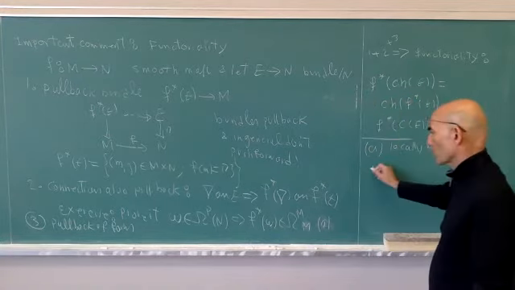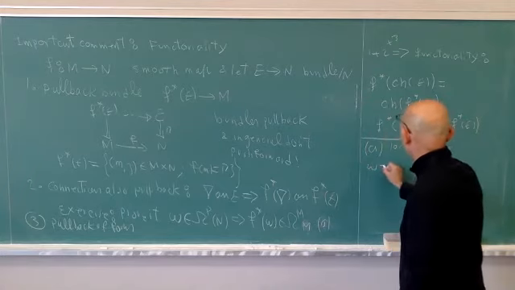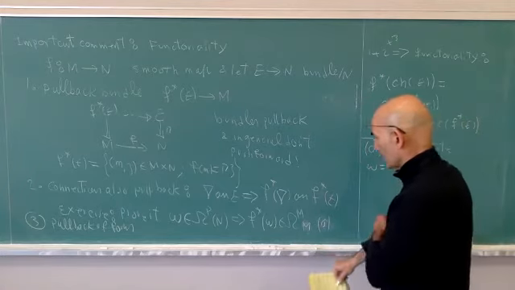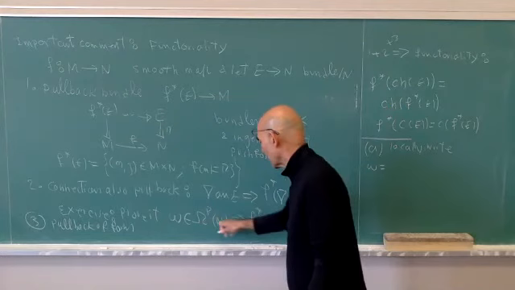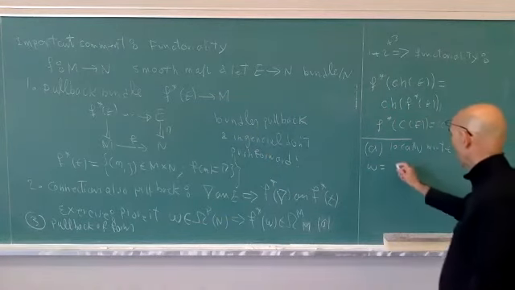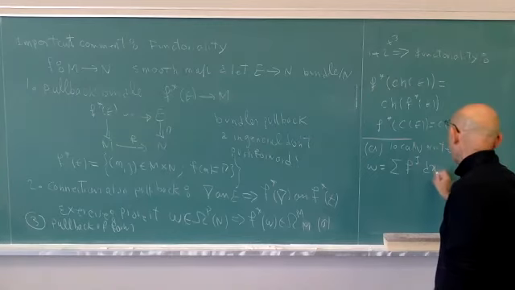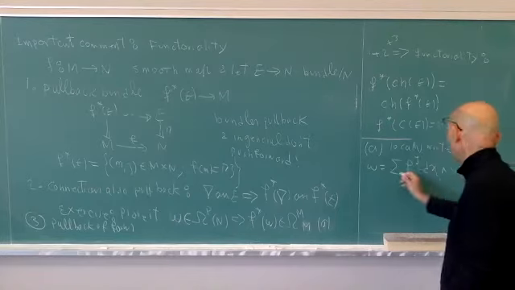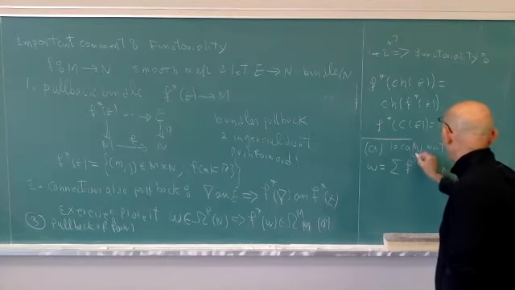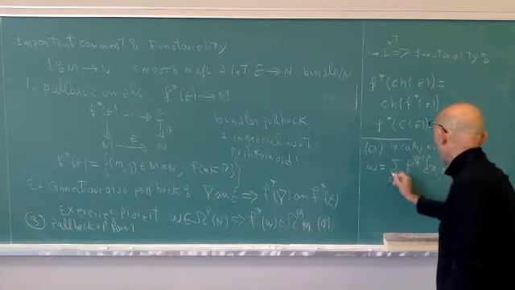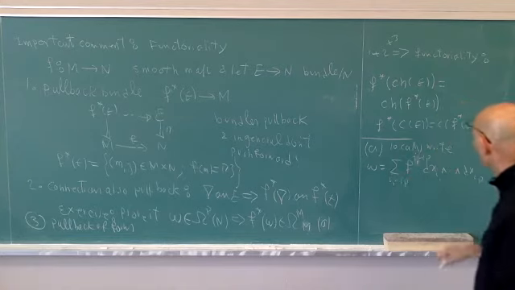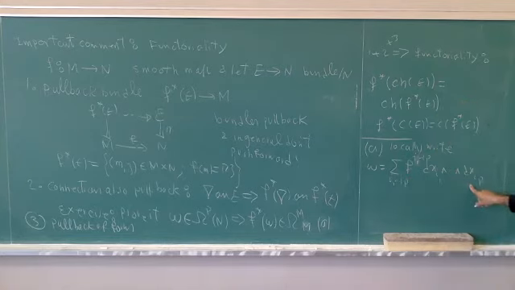Omega, this is omega, is something like the sum of f_I dx_{i1} wedge ... wedge dx_{ip}, over indices i1 through ip. Locally, you can write a p-form like this.